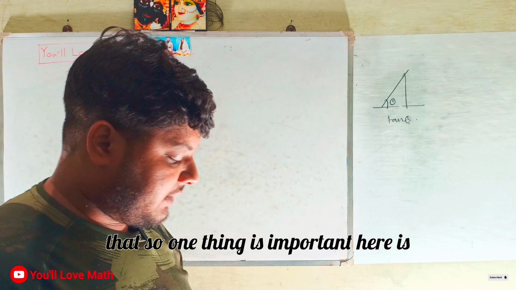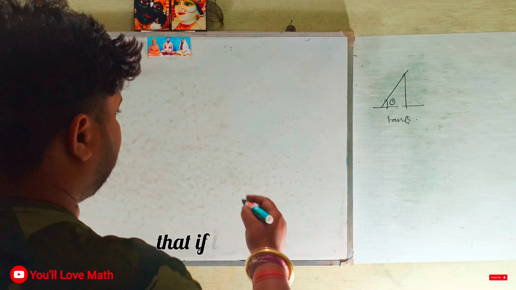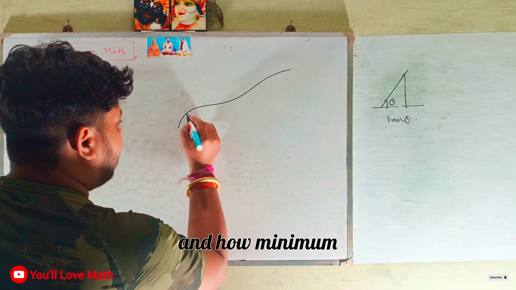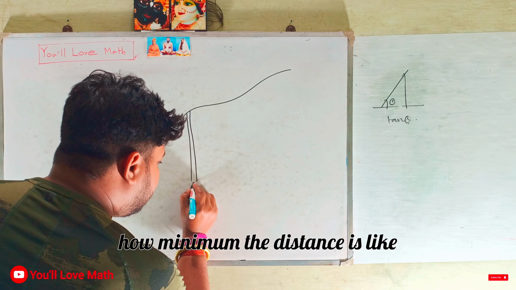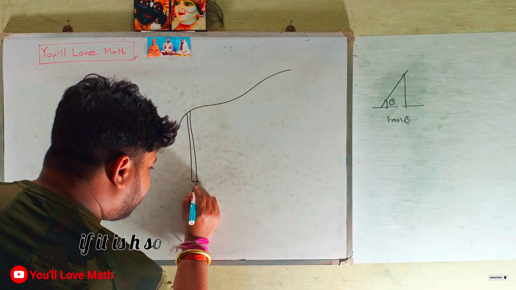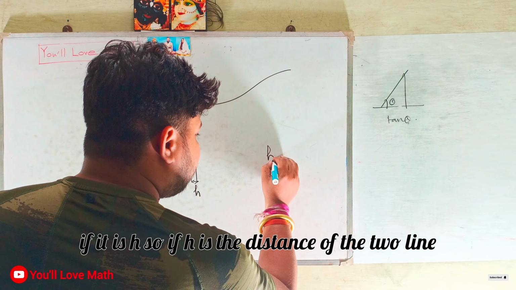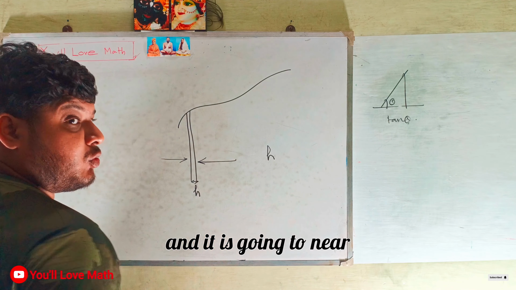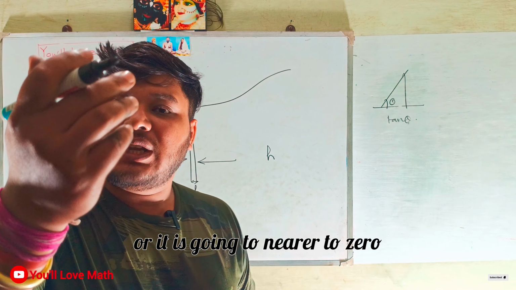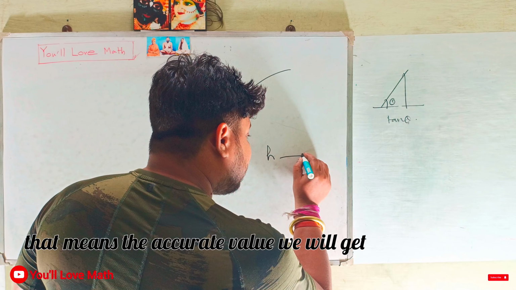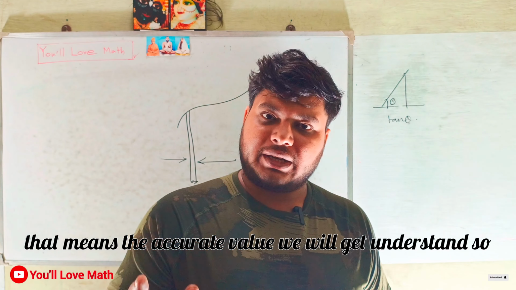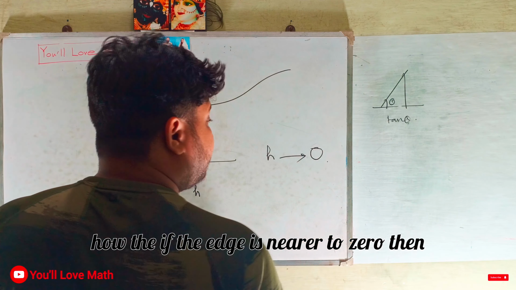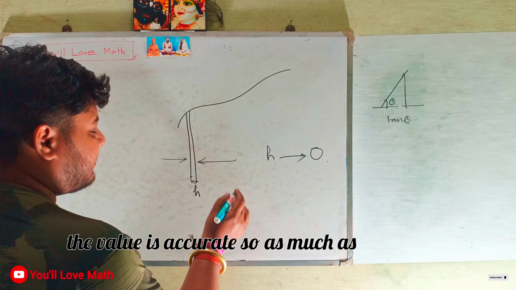So one thing is important here: if this is a curvature, and h is the distance between the two lines, and it is going nearer to 0, that means we will get the accurate value. Understand? So if h is nearer to 0, then the value is accurate.